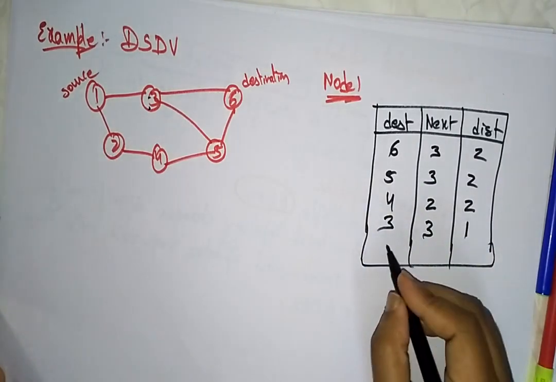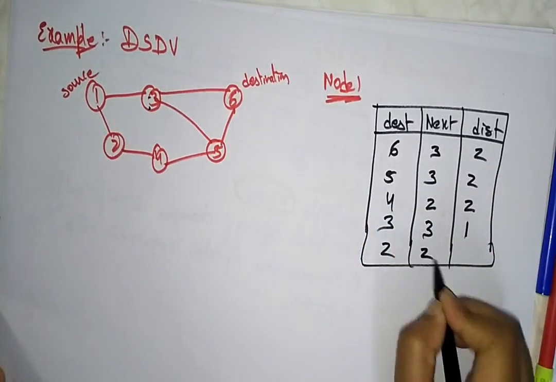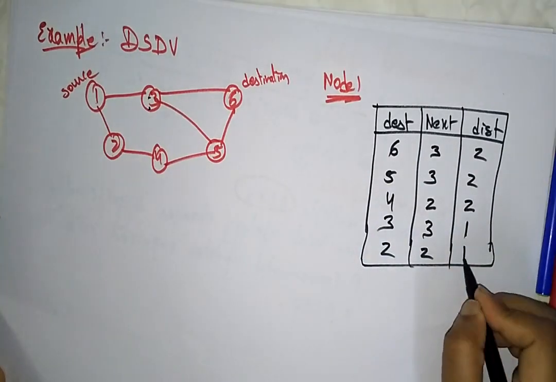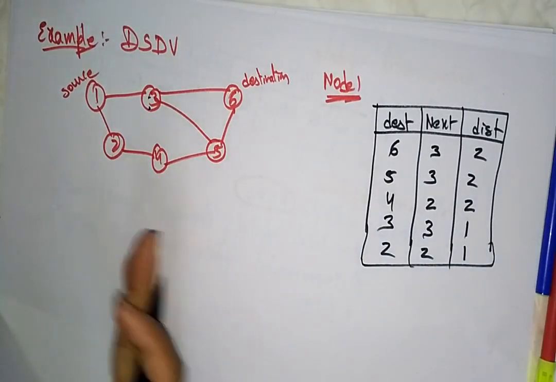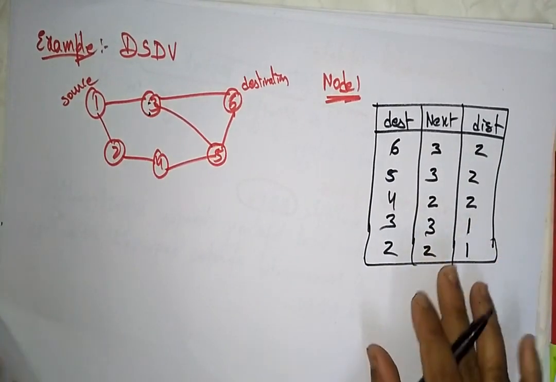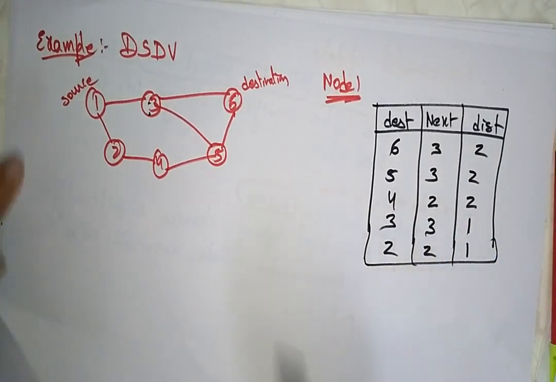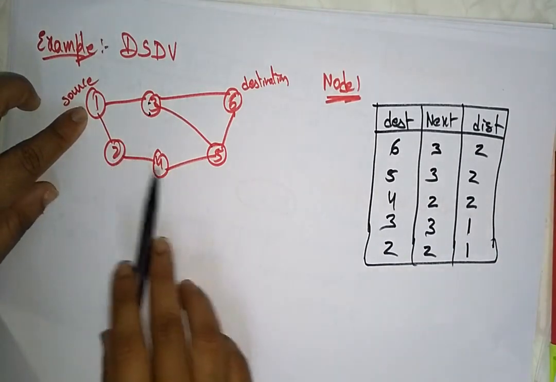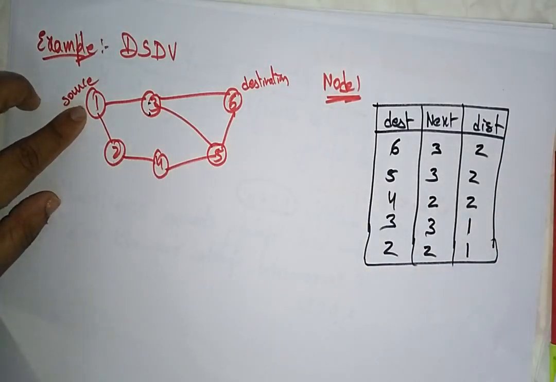If you take 2, the next is 2 itself and the distance is 1. So this is the routing table for the distance vector DSDV. Here I took each and every node as a destination and chose the path from the source.